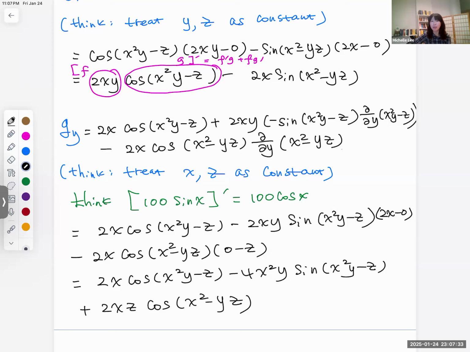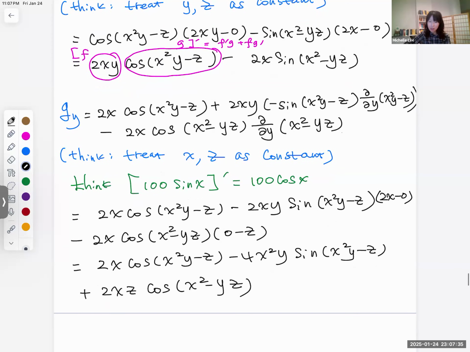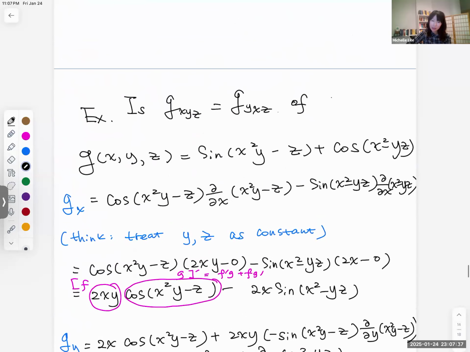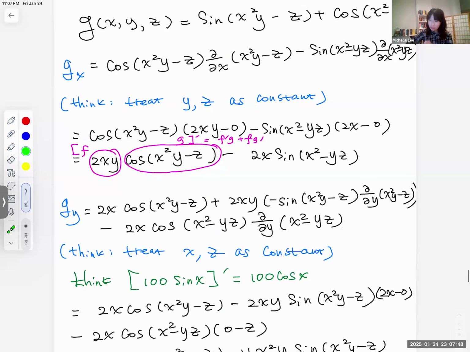Okay. Too much work, so let me do this. And then please try this one, and let me know whether they are the same or not.